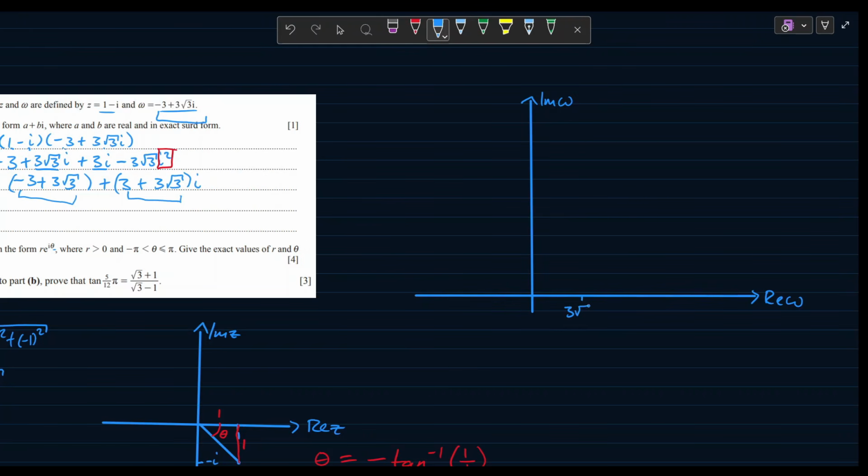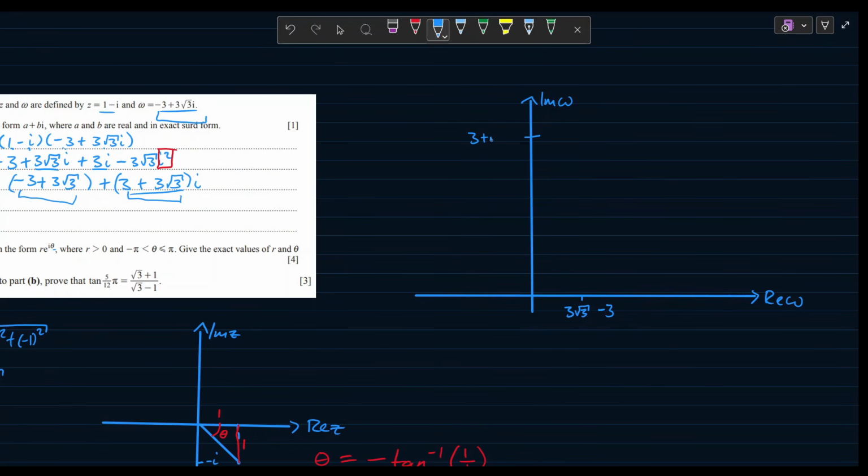So 3√3 minus 3, I'm just going to write it this way since they have the √3 coming first there. And then in the imaginary axis, we're moving up by 3 plus √3 units. So that's approximately 8 units. 1, 2, 3, 4, 5, 6, 7, 8. So somewhere here is where we'd expect to have, let me label it on this side so we've got space.